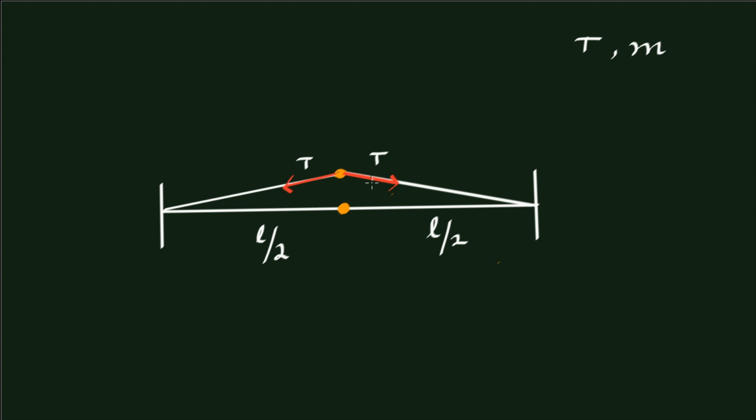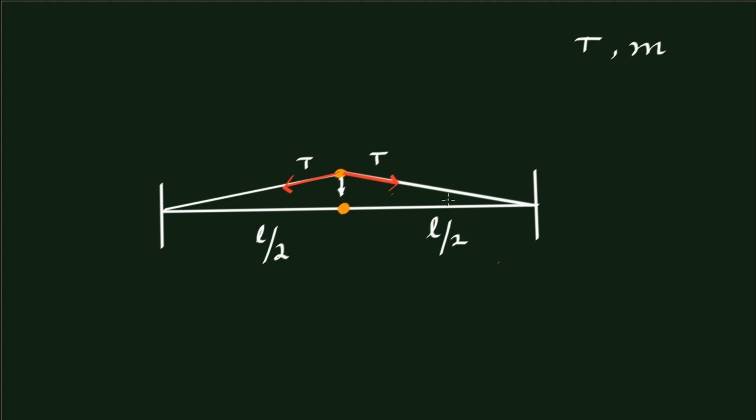Now the horizontal components of the two forces cancel, leaving only the vertical components. So the vertical components add and result in a net force which points back towards equilibrium, so it's a restoring force. So naturally, it'll accelerate towards the equilibrium position, and by the time it reaches that position, it would have acquired enough velocity to overshoot, and it'll oscillate back and forth.